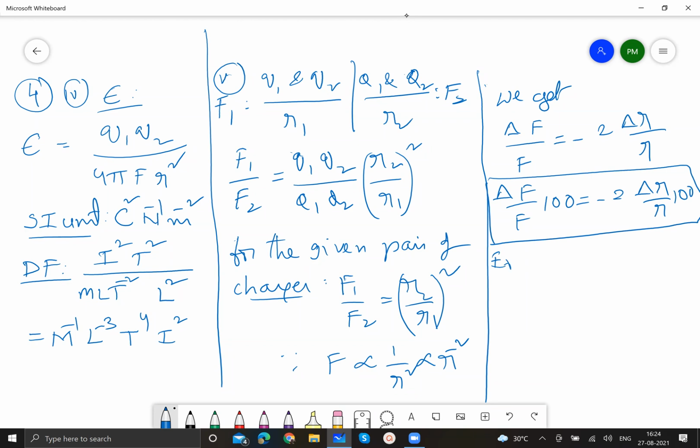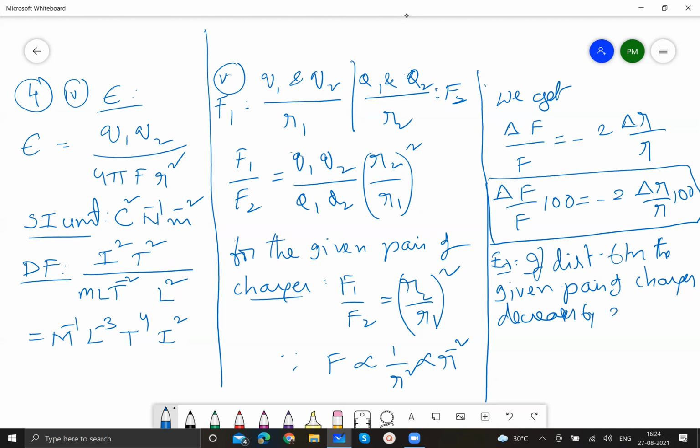Say for example, if the distance between the given pair of charges decreases by 2%, then what is the percentage change in the force?